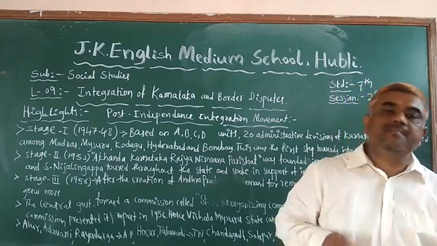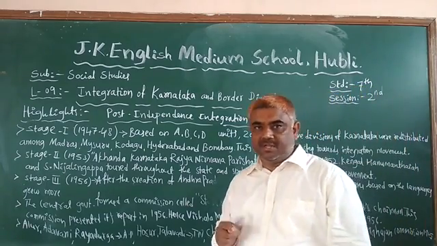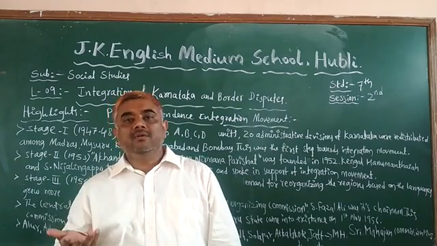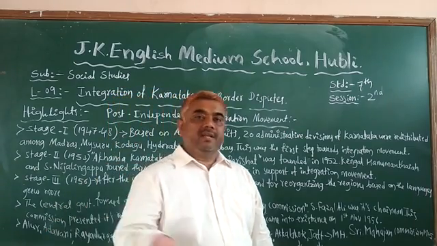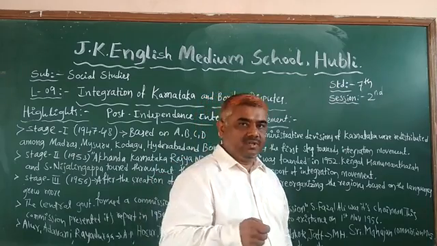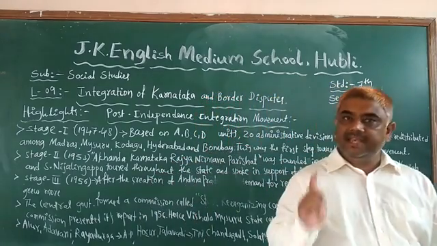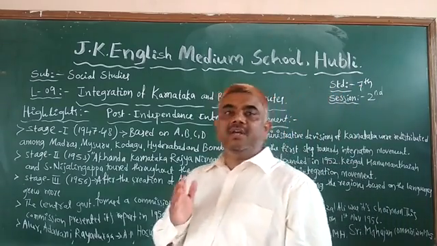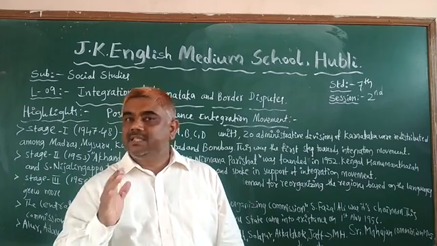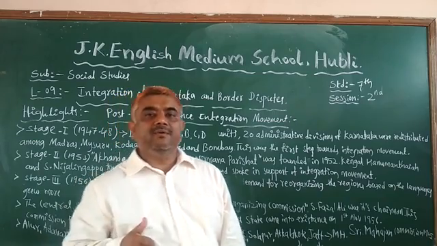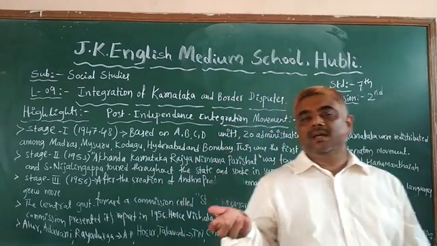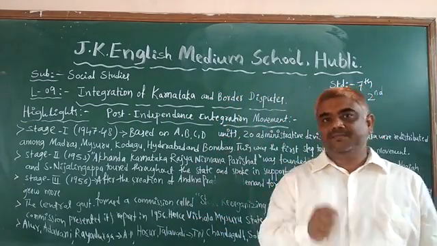S. Nijalingappa became the first chief minister of the Vishala Mysuru state, and later on, when Devaraj Urs was the chief minister, he renamed it as Karnataka on 1st November 1973. This is how the integration of Karnataka was successful.